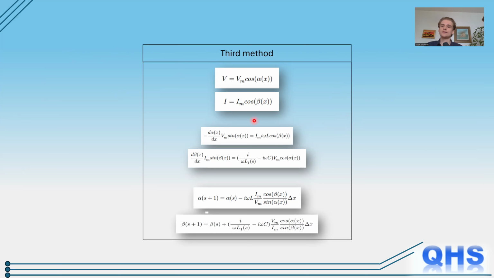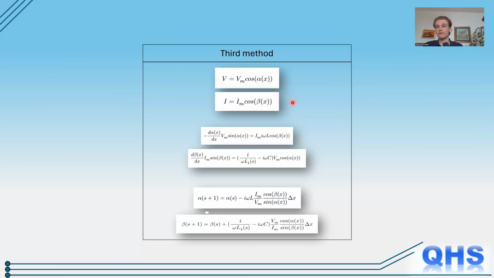We are trying to find alpha and beta. And then from defining functions alpha and beta, we can use the previous approximation for defining V and I. That was all three methods for solving the wave function.